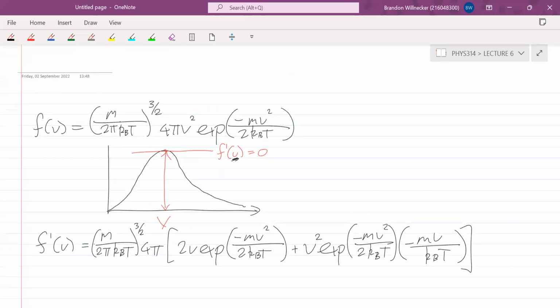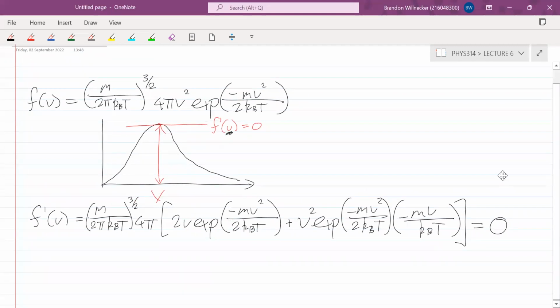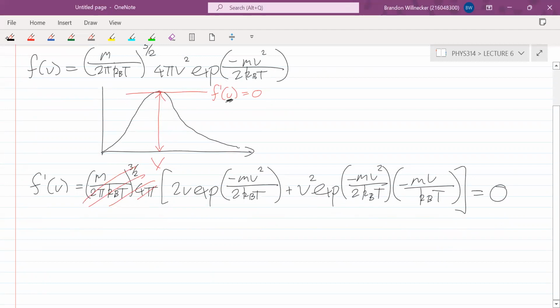Okay, so we've got the derivative. This must be equal to 0. That's why I took all the constants out to the front, because if all of this is equal to 0, then we don't worry about any of those constants there. Next, the exponential is common to both terms, so let's take that out to the front.